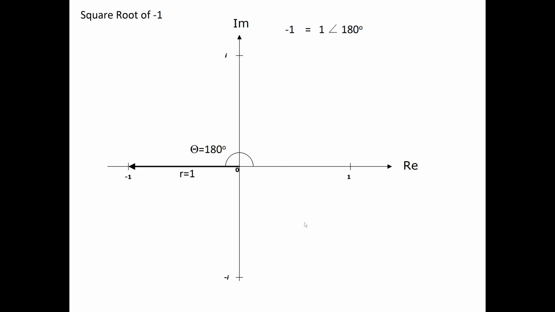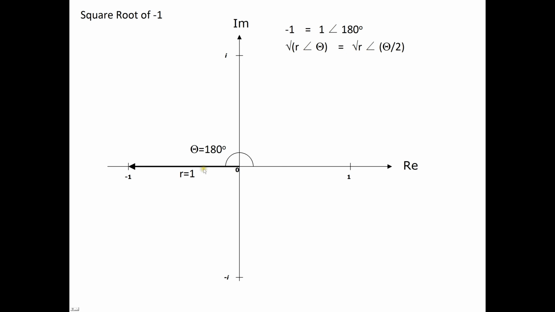As we've mentioned, if we want to take the square root of a complex number, we can simply take the square root of the magnitude and divide the phase angle by 2. So the square root of a number R angle theta would be the square root of the magnitude, and the angle would be theta over 2.